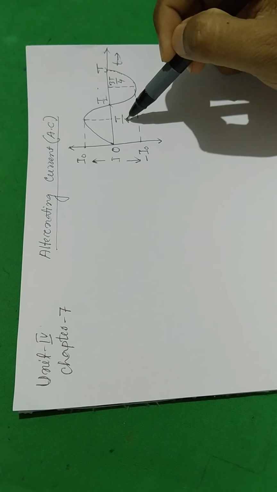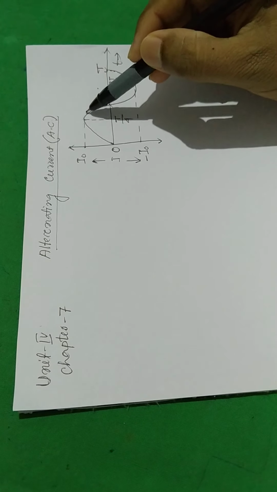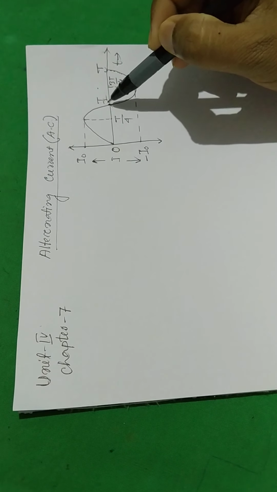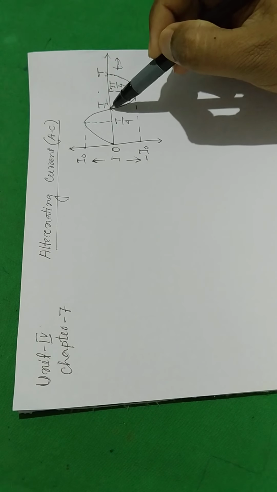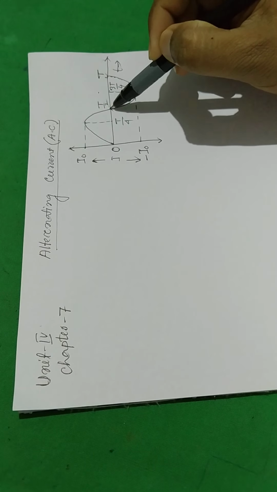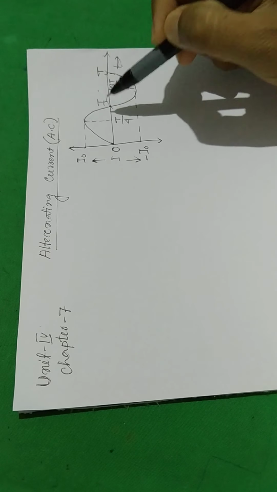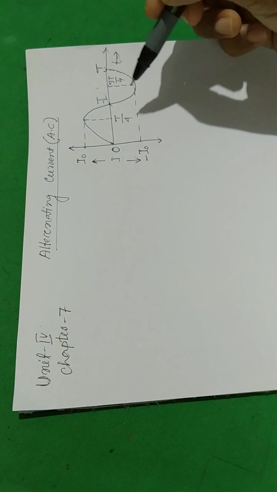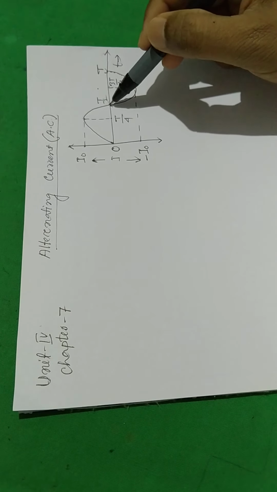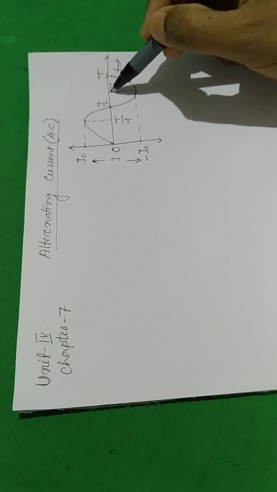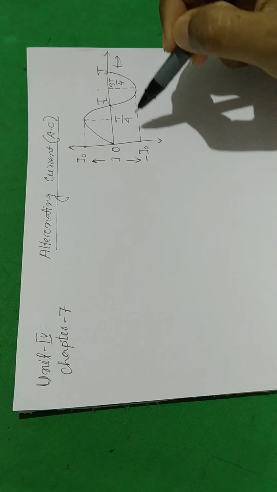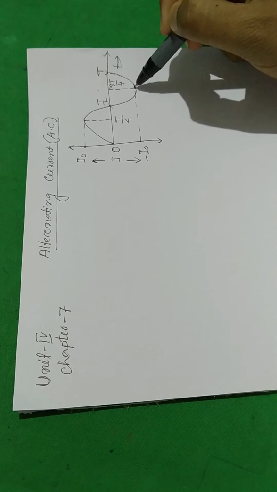After time T by 4, the magnitude of current decreases and decreases. At time T by 2, the magnitude of current becomes 0. Again, in the other direction, the magnitude of current increases and becomes maximum at time 3T by 4, that is minus I naught, maximum value.